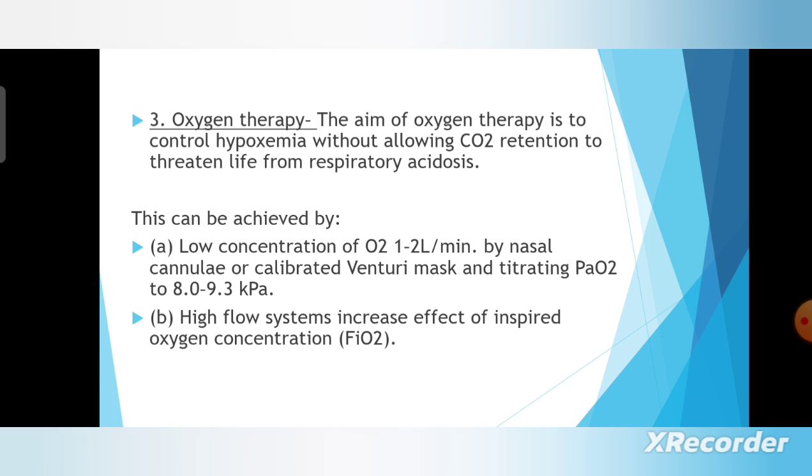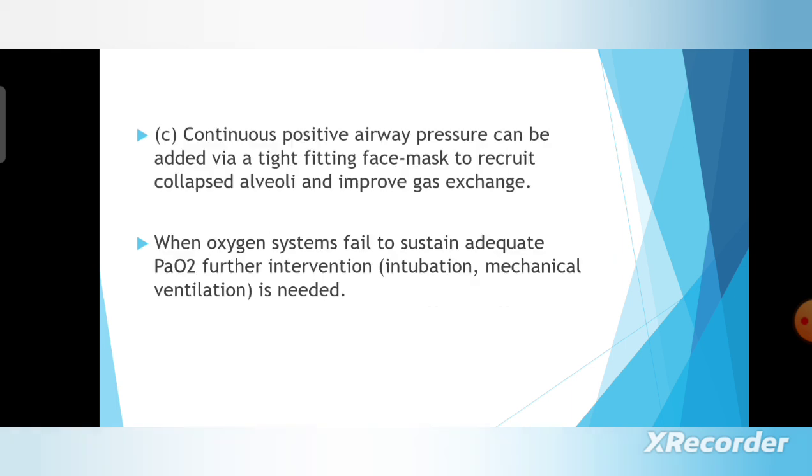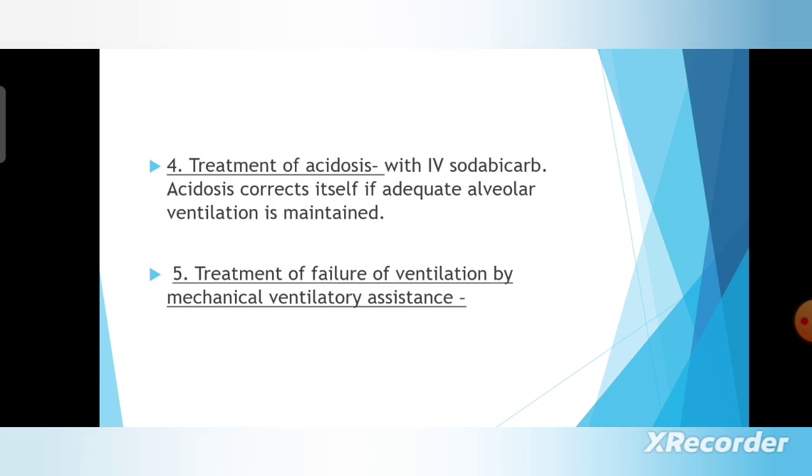High flow systems increase the effect of inspired oxygen concentration, that is FiO2. Continuous positive airway pressure can be added via tight fitting face masks to recruit collapsed alveoli and improve gas exchange. When oxygen systems fail to sustain adequate PO2, further interventions include intubation and mechanical ventilation.